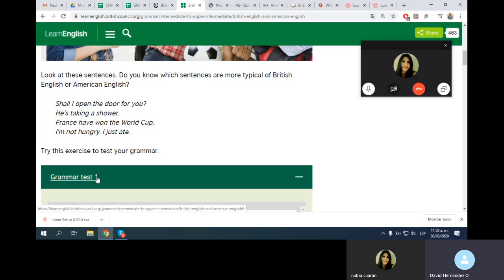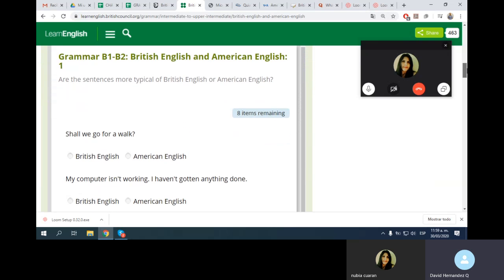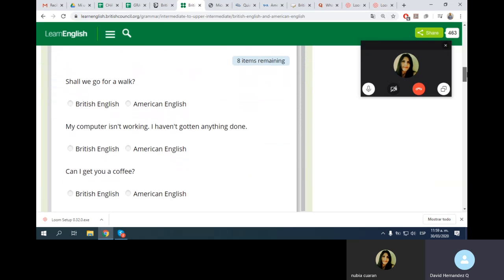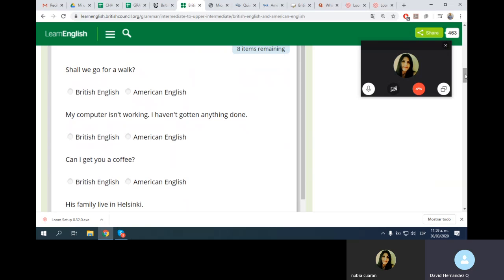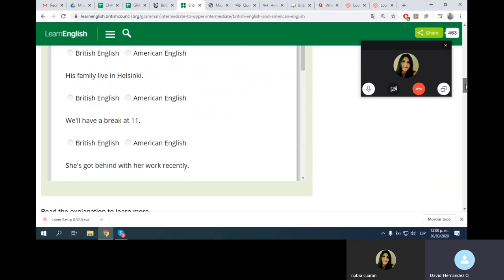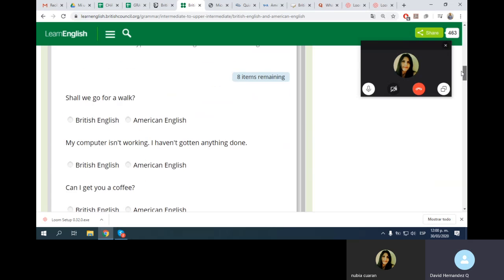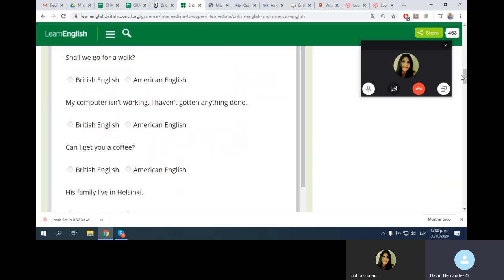So this first quiz is very short. We are going to see how you do without explanation, to see if maybe you are lucky enough to get a good score. It's 8 questions, and you tell me if they are British or American.